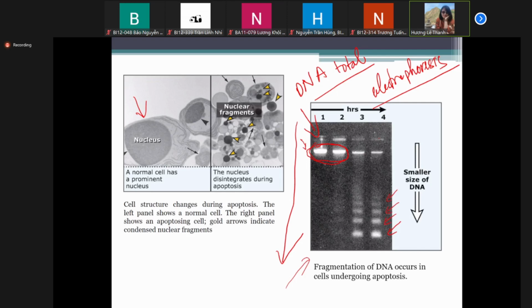Now, in wells number 1 and number 2, we have the normal cells. And wells number 3 and 4 might be apoptosis, right? Apoptosis happens.